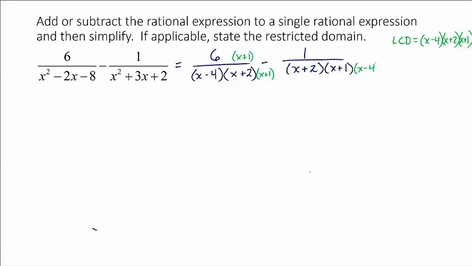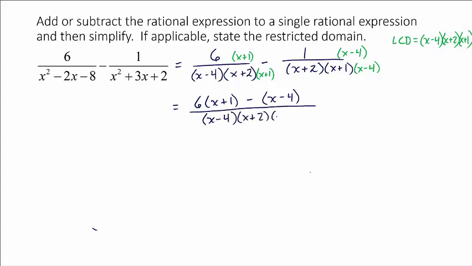To get to the LCD, I need an x minus 4. All right, so now the numerator, I'm going to have 6 times x plus 1 minus x minus 4, right? That's what the numerators end up being. And then the denominator is x minus 4 times x plus 2 times x plus 1.